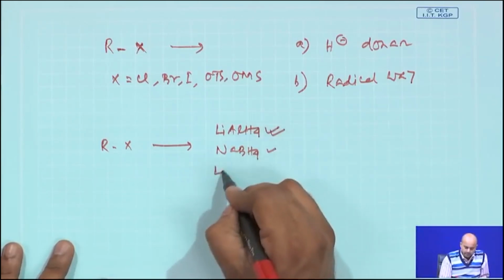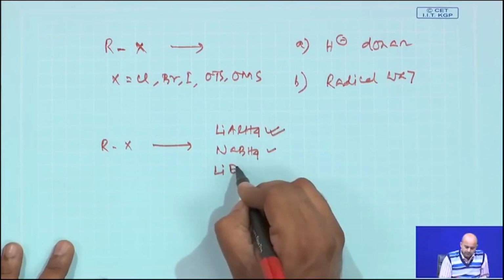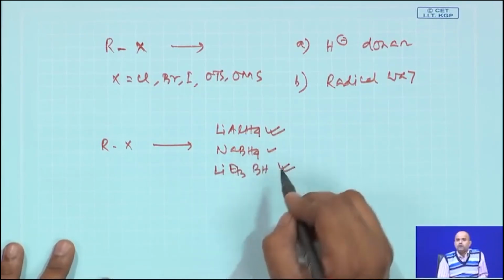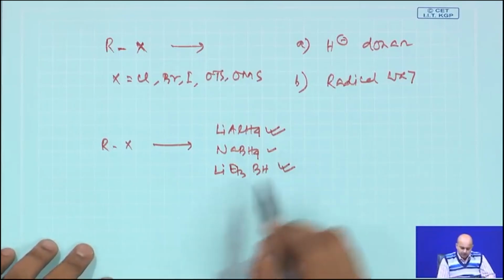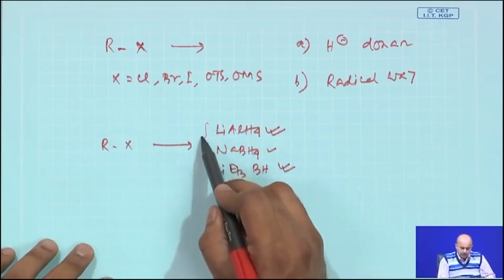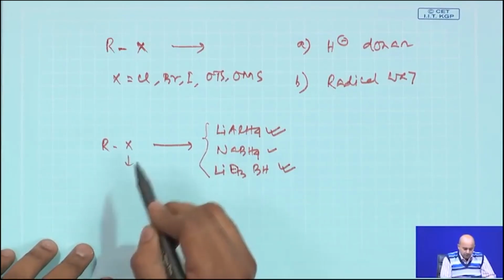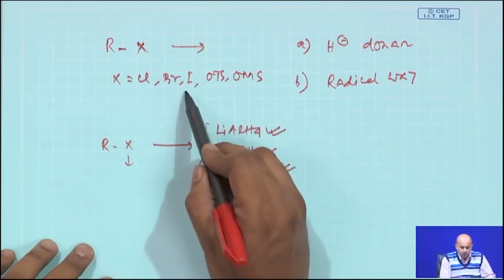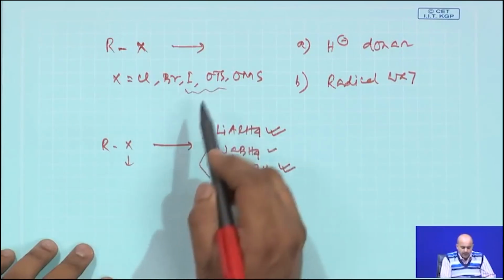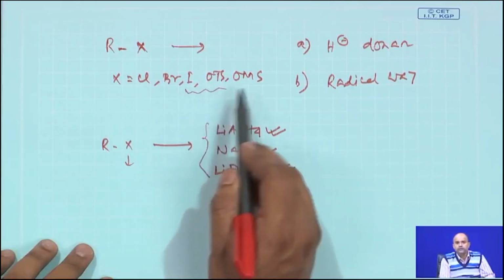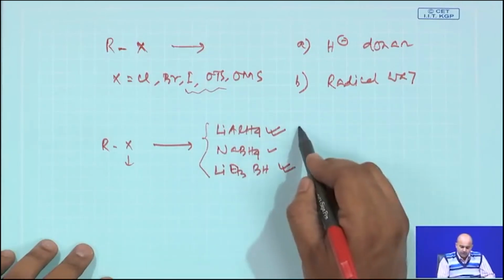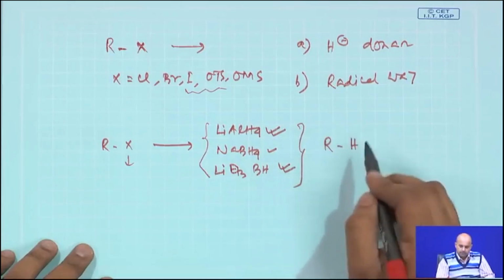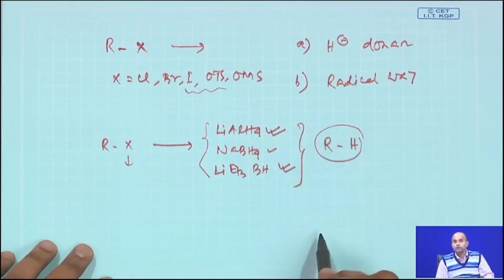Superhydride, LiEt3BH, works very well. X could be any halogen, and if you have a good leaving group like iodo or tosylate, the reaction is much faster, and you will always get the corresponding hydrocarbon in very good yield.